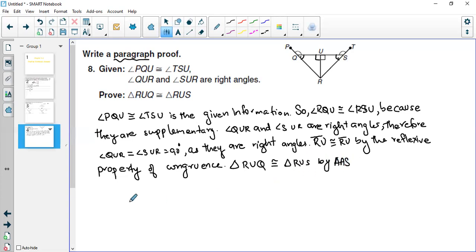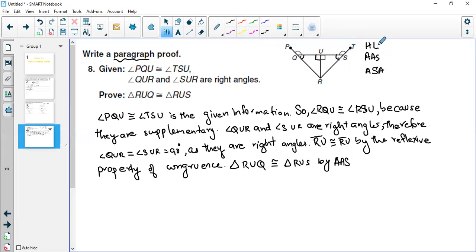Now, if you have difficulty in deciding which theorem to use, just write down which are the three theorems you learned. You learned hypotenuse leg, you learned double AS, and you learned SAS or ASA. SAS was in the other lesson, right? So you have learned double AS and you have learned ASA, angle side angle.